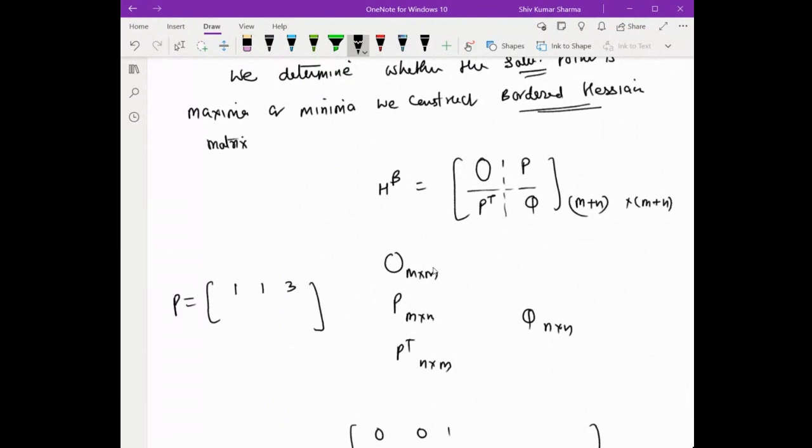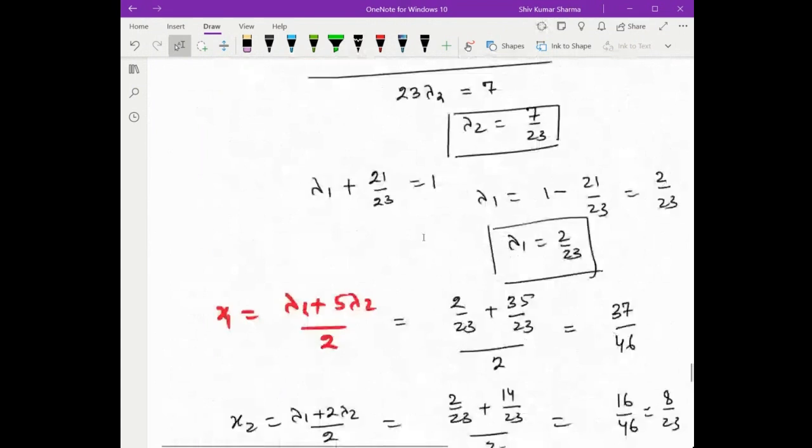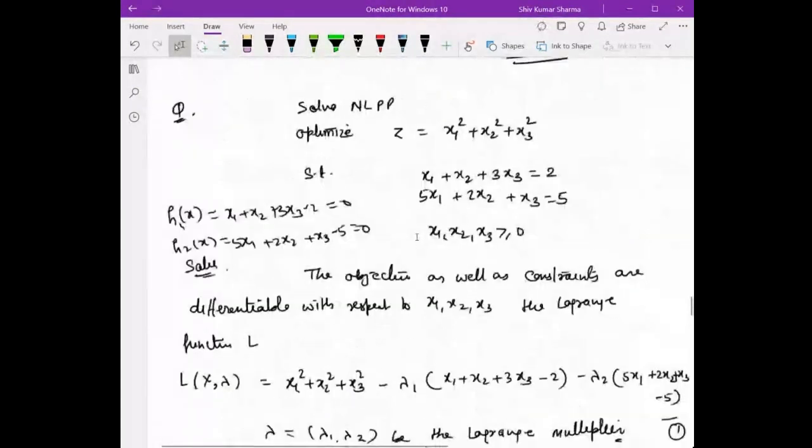Remember, we write in this form: del h1 upon del x1, del h1 upon del x2, and del h1 upon del x3. And the second equation, del h2 upon del x1, del h2 upon del x2, del h2 upon del x3.